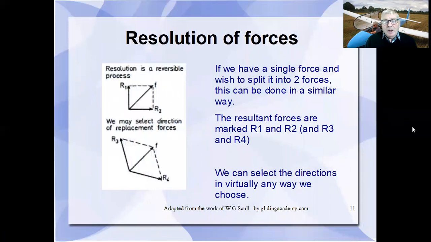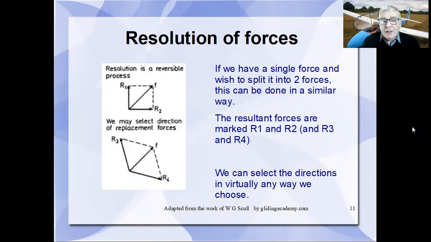Now, this idea can be worked back the other way. So we can have one force and split it into two convenient forces. And this is often done, and in aviation, it's done a lot. So in this particular set here, if you look at the upper diagram, you can see the force F has been split into two resultant forces, if you like, R1 and R2. They are replacement forces.